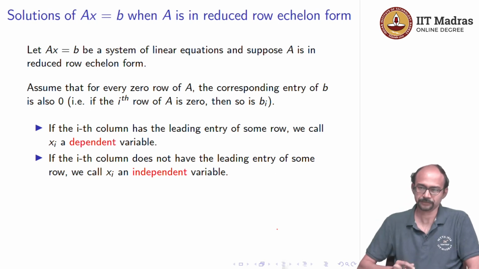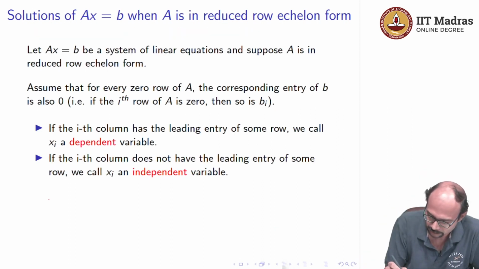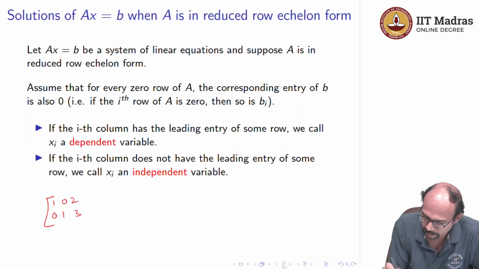In the second example, the independent variable was x2. So, let us write that down. We had 102, 013.